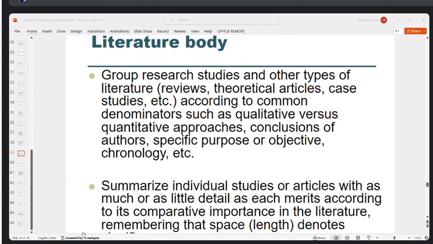After paraphrasing, you will open a bracket at the end and mention my name, the author's name, the topic of my research paper and the year. How to write that, I'll explain. But the way of doing it is this: you refer to the person who has contributed to that area.